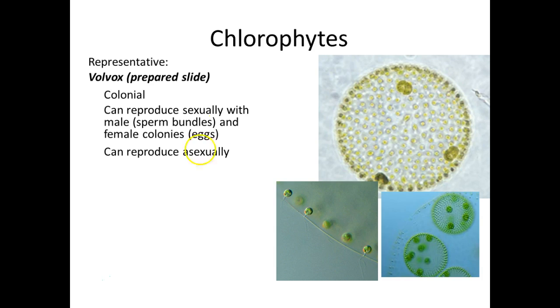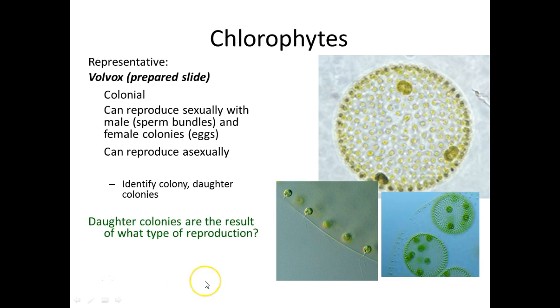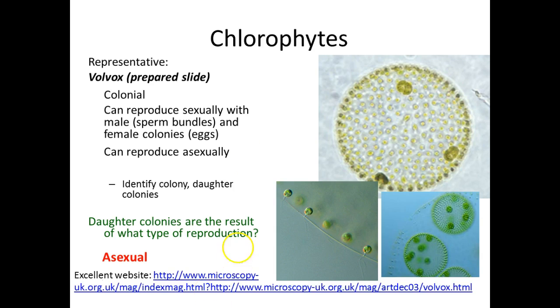And when they do that, that's when you see these guys, because daughter colonies are the result of asexual reproduction. I didn't steal the picture, but they form a zygote when the egg and the sperm come together, and they form this kind of cool structure. You can see that on that website. There it is, and I have the link under my links page in Canvas.